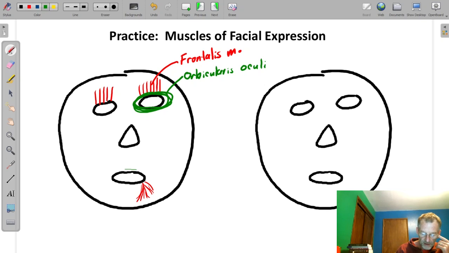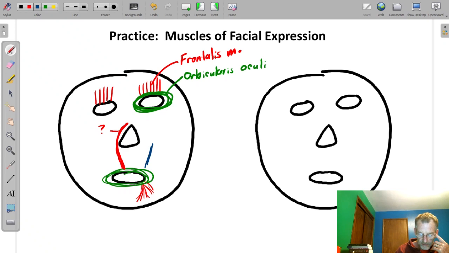So draw those muscles in, label them, and practice. Okay? And then let me know if you have problems. Test each other.